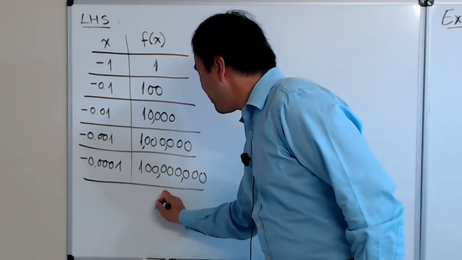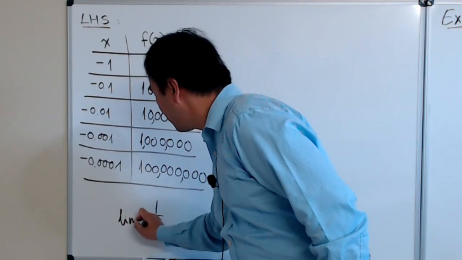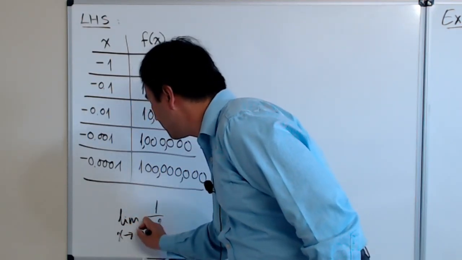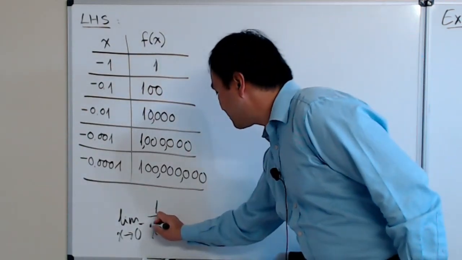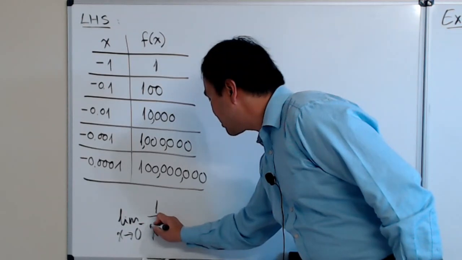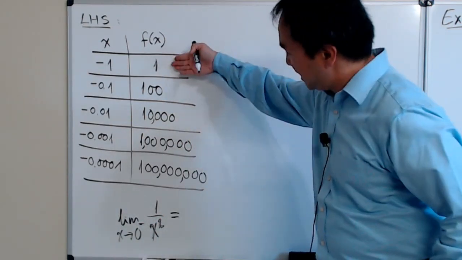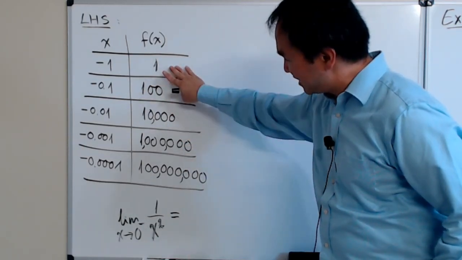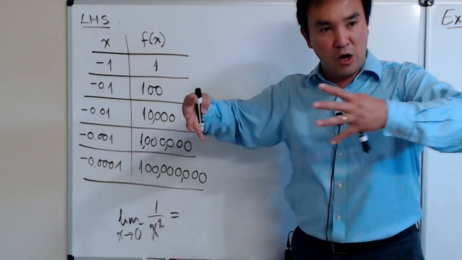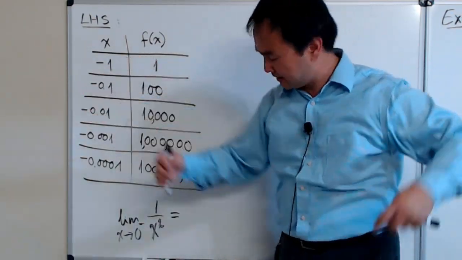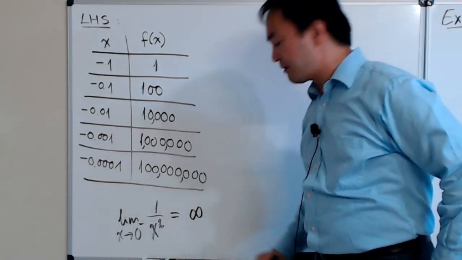For the function 1 over x squared, if we're letting x get close to 0 from the left hand side, it seems like we don't recognize any particular value, but instead these output values keep growing bigger and bigger. So you have your right to say positive infinity.